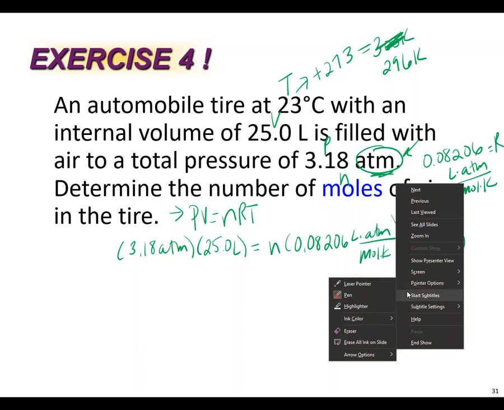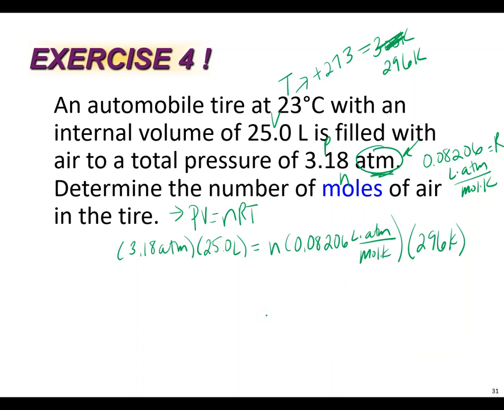Now the important thing to see, to make sure you're setting everything up correctly, is being able to cancel. So atms cancel with atms, liters cancel with liters, the Kelvin cancels with the Kelvin. So when you do the division over here, this ends up being moles in our answer.